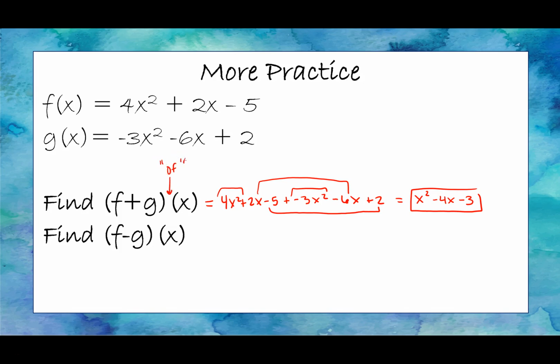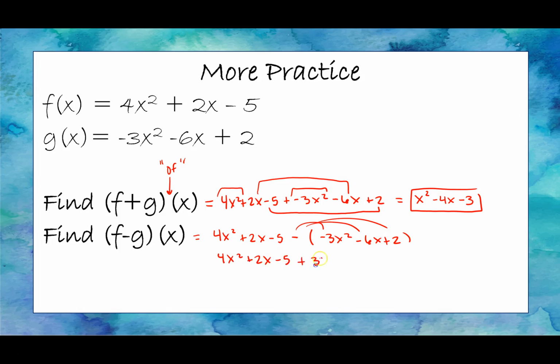All right, for the next one, however, if I'm subtracting, I do have to be really smart about remembering to put my parentheses, minus parentheses my g of x. Okay, and then my next step would be to distribute that negative. So rewrite all of this.